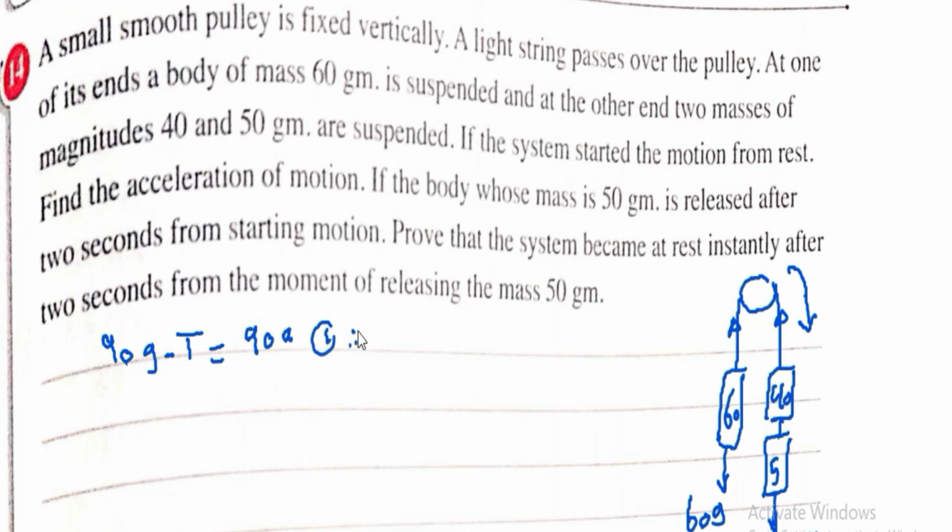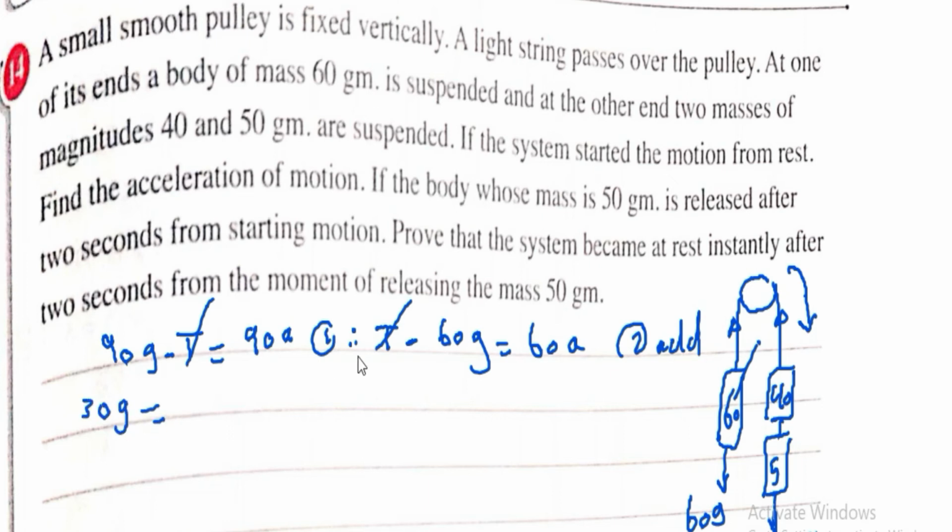Therefore, the second part: T minus 60g equals 60a. Tension minus mg equals ma. This is number two. By adding, negative T plus T cancels, 90g minus 60g, 30g, equals 90 plus 60, 150a.